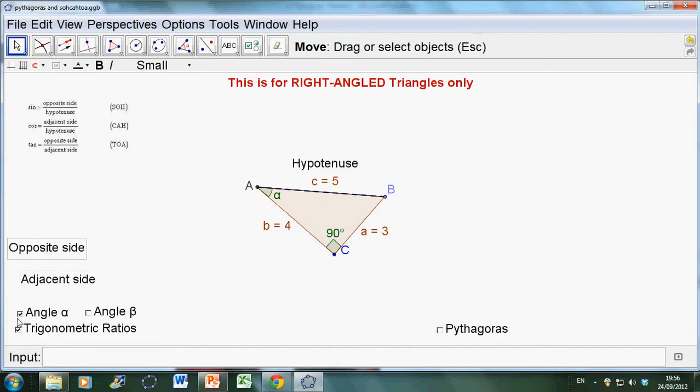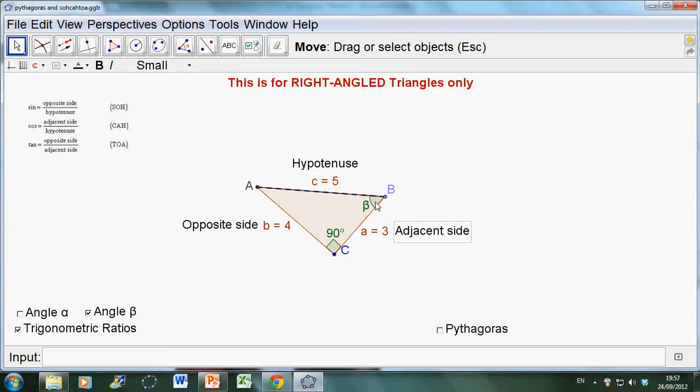However, if we go along to the other side of the triangle, which is angle B or angle beta, we'll see now that the opposite side is not side A, the opposite side is actually side B, and the adjacent side is side A. So the opposite and adjacent labels are dependent on whatever specific angle you're talking about at that particular time.